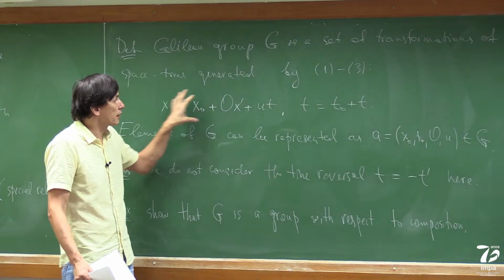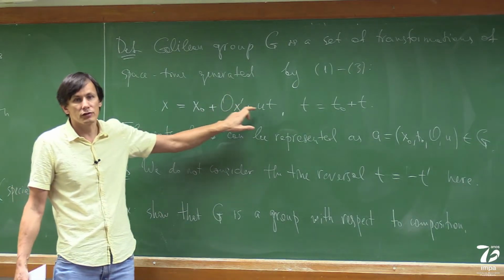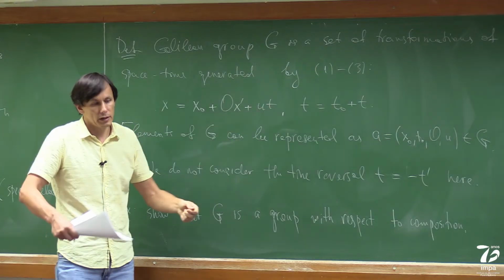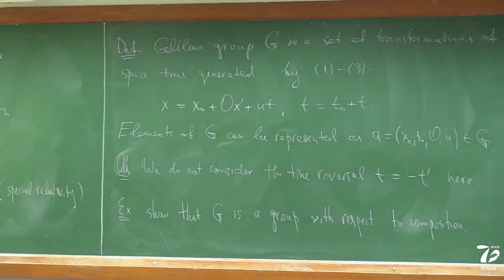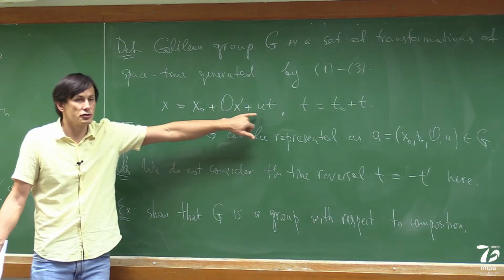So it's A. And then you get B with another change of origin, another rotation, another U, and apply it again. And so what the first property tells is that when you do one transformation and another transformation, it still has the same form, but with a new x0, new O, new U.